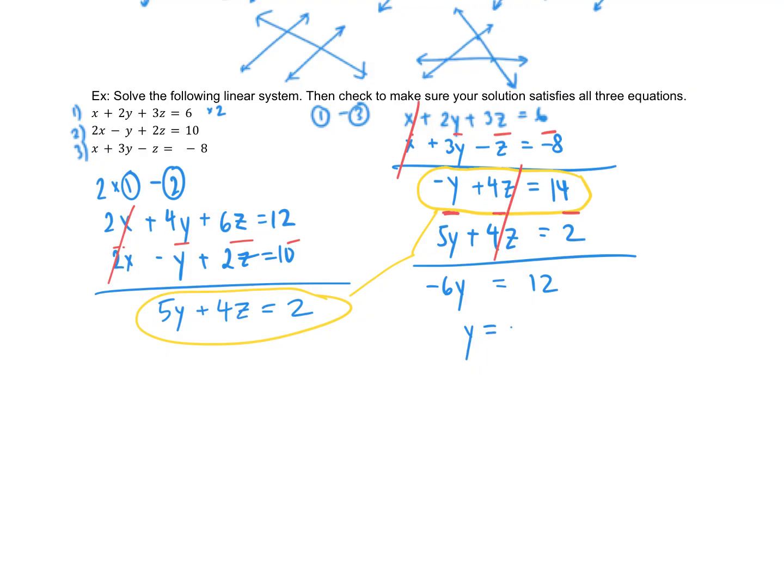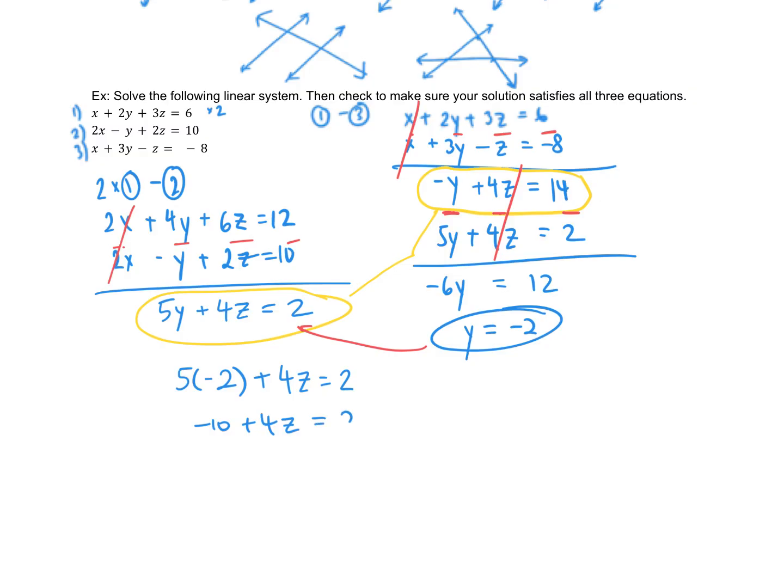We can divide both sides by negative 6, and I just got the y value, which is negative 2. Now I can take this and plug it into either one of my previous equations. I'm just going to go in here. 5 times negative 2 plus 4z equals 2. Just going to clean this up and isolate for z.